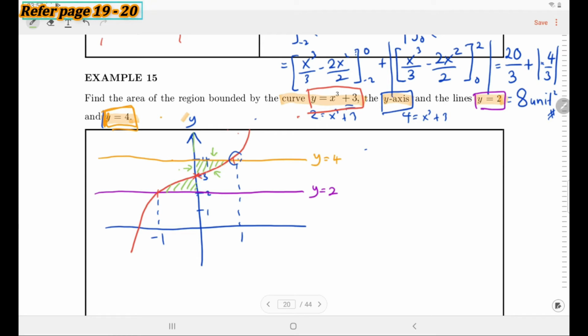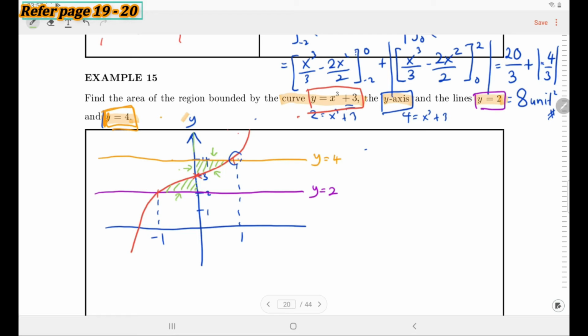The red one is the curve, the orange is the y equals 4 line, and the blue one is the y-axis. The shaded region is bounded by the y equals 2 line, the blue y-axis, and the red curve. So these two are the regions bounded by the curve and the y-axis.